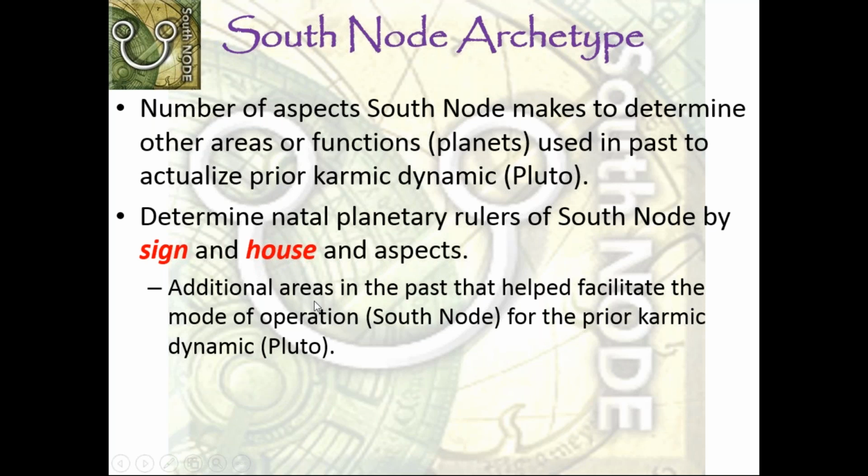This is going to give additional information about the past and how the ego operated for that security of the soul or the prior dynamics, the prior intents of the soul in past lives.